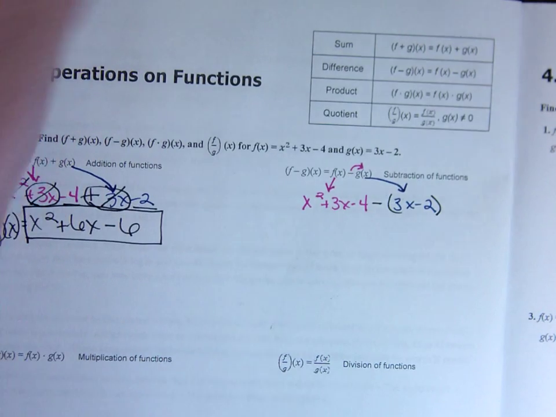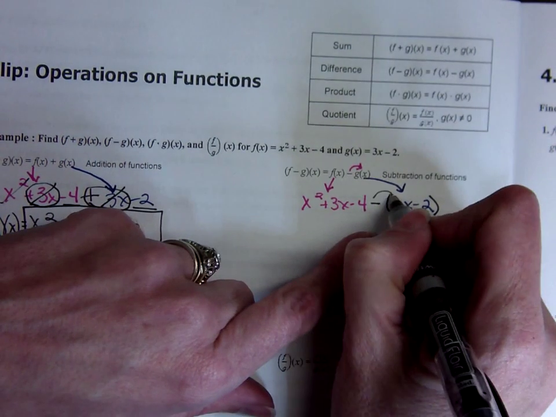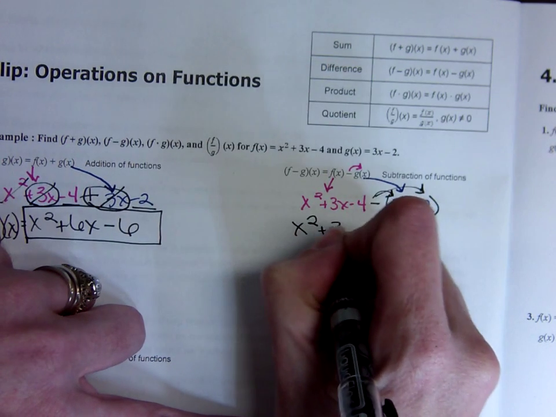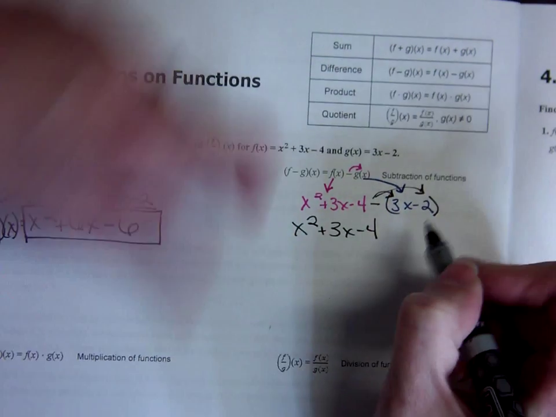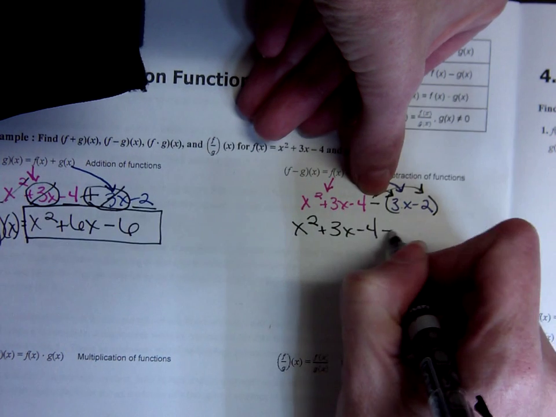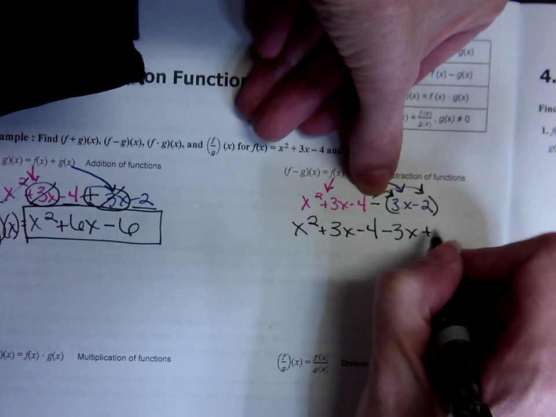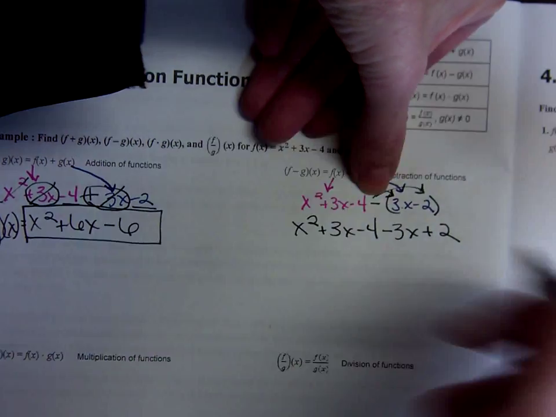And then we're going to rewrite and take care of this distribution first. So x squared plus 3x minus 4, negative times positive is negative 3x, negative negative makes that positive 2, and then we can combine like terms.